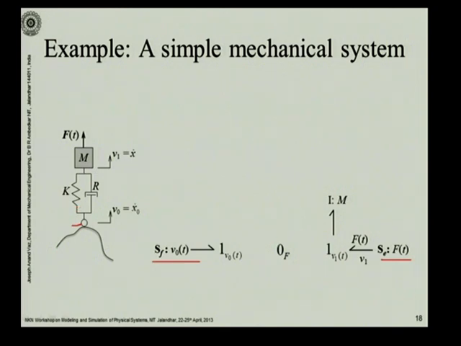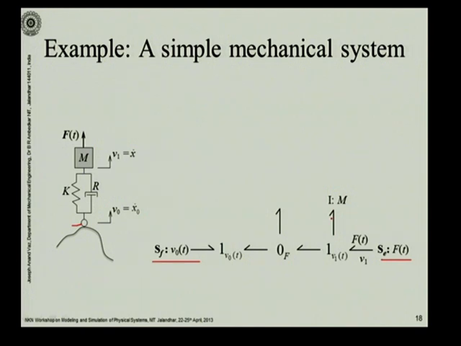Now we are going to make use of a zero junction, just like a one junction but with a slight difference. The zero junction has all the bonds connected to it having the same effort, okay. But in the process, what the zero junction does is it algebraically sums up flows.